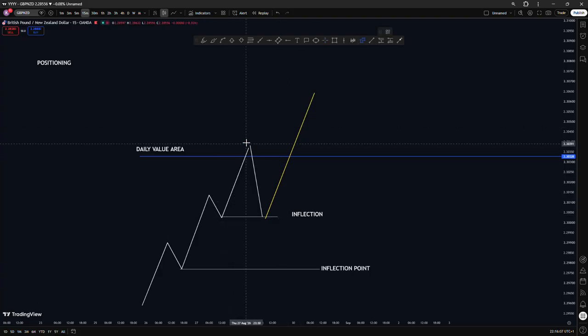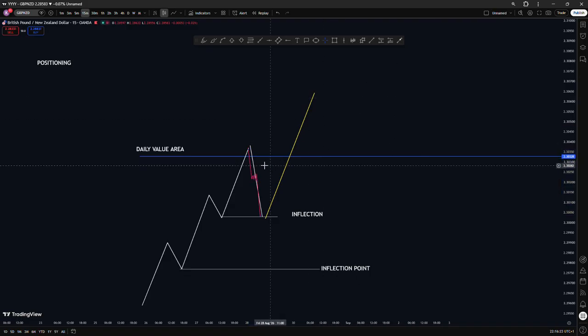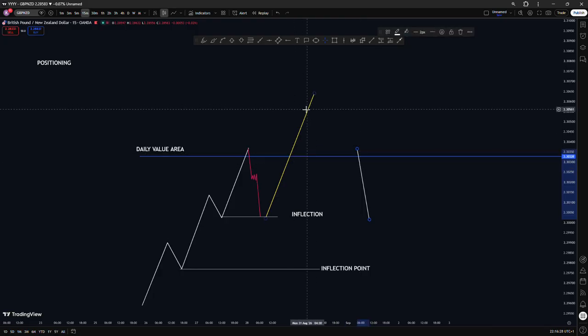Since we have an inflection point here, once price gets to this point, I could trade a tight flag. Why? Because I could manage it to the downside. Let me change the color to red.